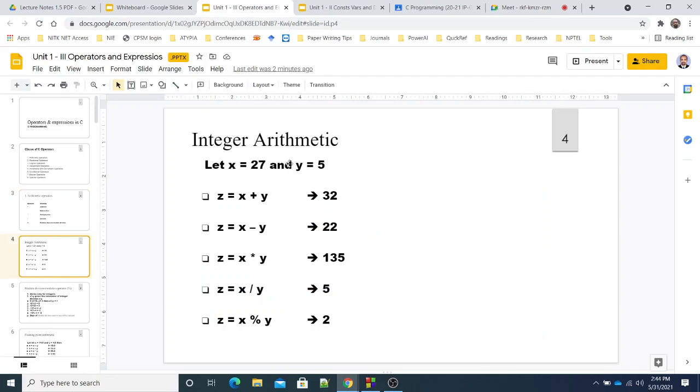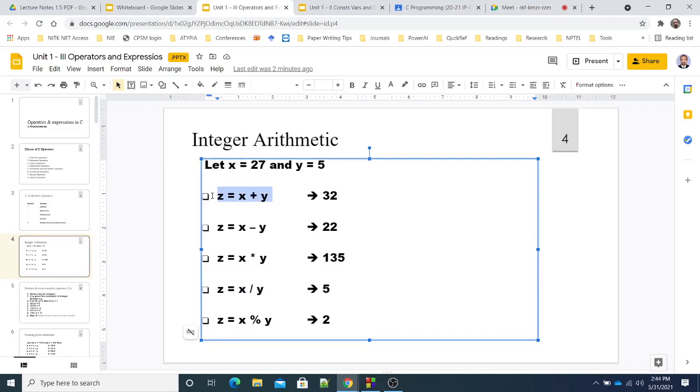So integer arithmetic: let x equal to 27, y is equal to 5. It's similar to mathematics: z is equal to x plus y gives 32. z is equal to x minus y gives 22, 27 minus 5. Similar to mathematics, x into y gives 135. Then x divided by y, 5.